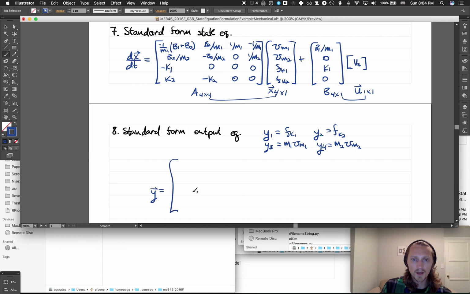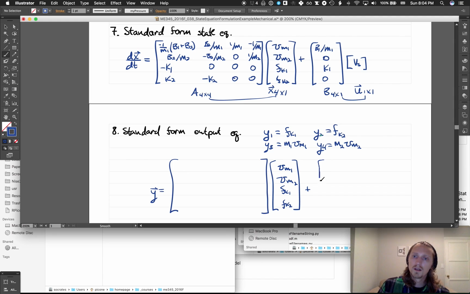So this is going to be our C matrix times x. So output is always Cx plus Du. So our x is once again Vm1, Vm2, Fk1, Fk2, plus, and then once again we're going to have a 4 by 1 D matrix times Vs. Okay?